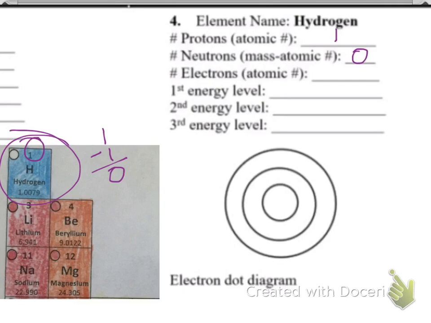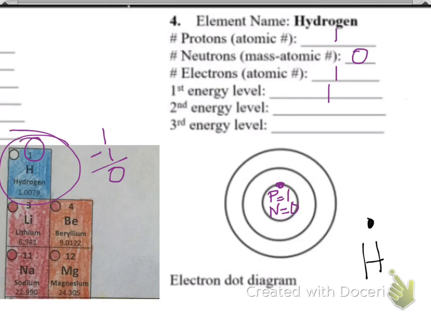So there are 0 neutrons in this atom. If there's 1 proton, that means there's 1 electron. So P equals 1, N equals 0. First energy level 1. Guess what? Done and done.